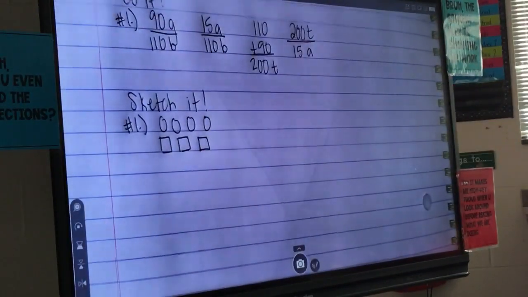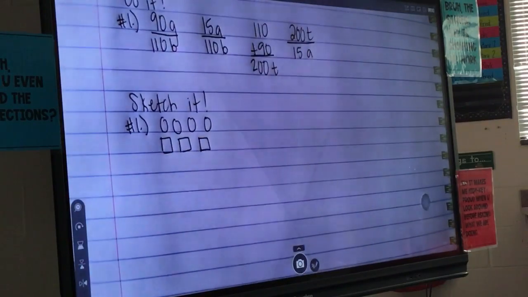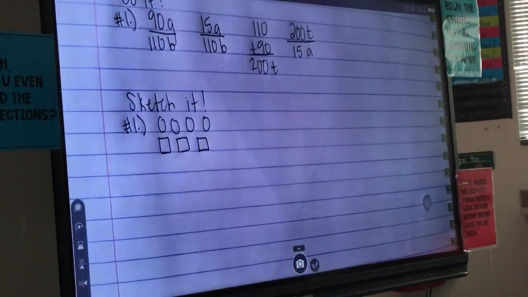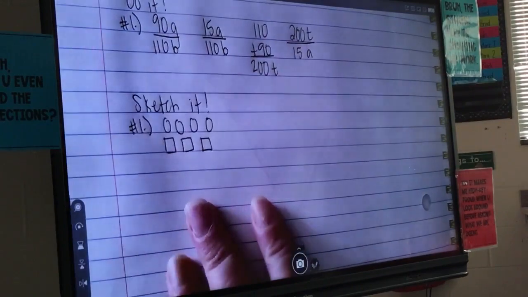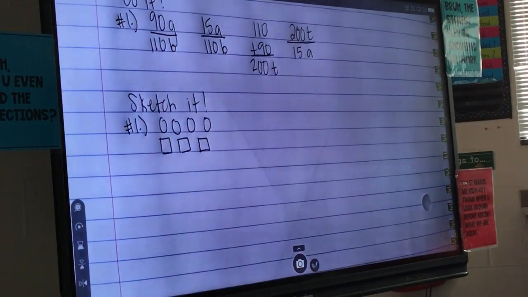Sometimes they tell you what they want you to draw. They'll give you the object. Sometimes they will tell you to draw equivalent ratios. So it's not this simple for all of them. But again, this is the sketch it. So any of the sketch its, you're going to be drawing pictures or shapes or whatever you want to call them.